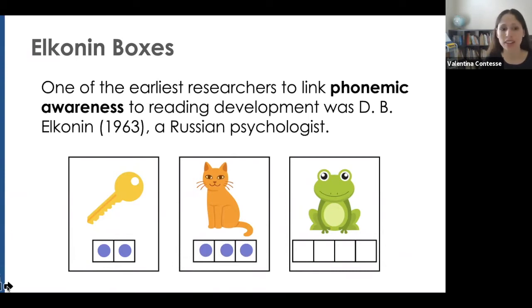And for frog, /f/, /r/, /o/, /g/. As you can see, each segmented phoneme gets its own chip inside its own box, including what sometimes gets referred to as consonant blends or clusters in the word frog. Because we hear each individual sound in the beginning of frog, each phoneme gets its own box.